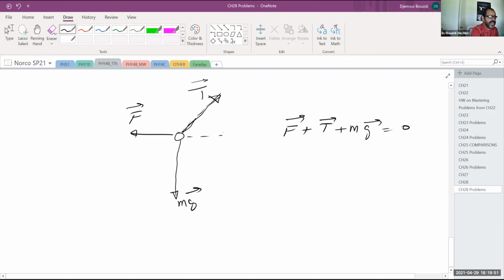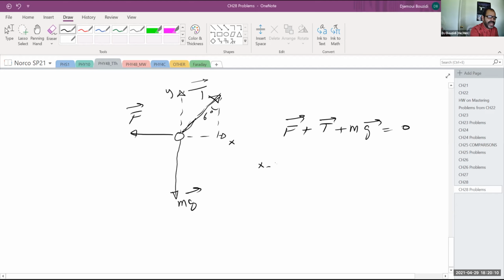I'm going to take this one to be the x-axis and this one to be the y-axis. This angle is given to be 6 degrees, not 60, 6 degrees. Okay? So that is basically what was given in this problem, and we have everything.